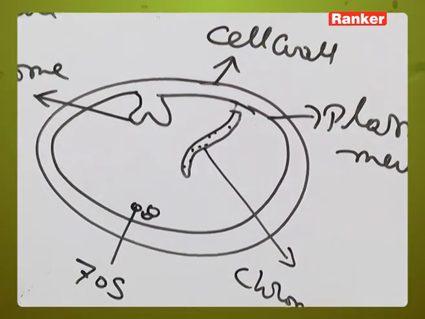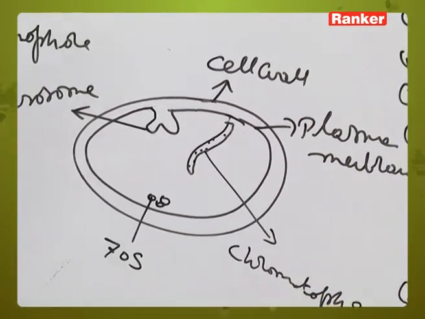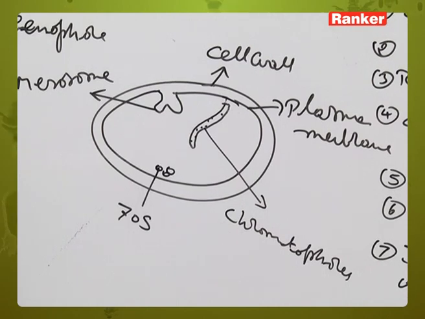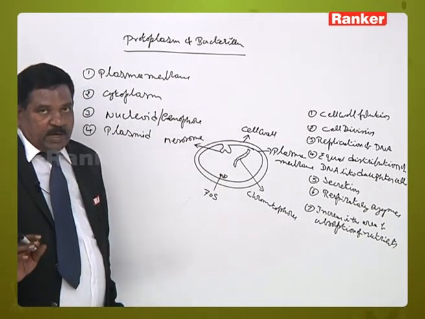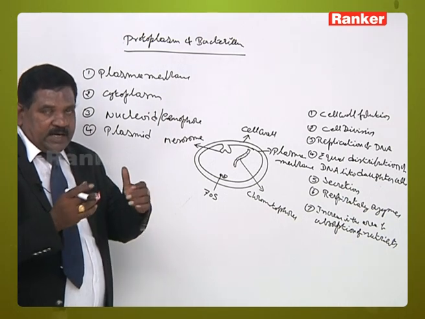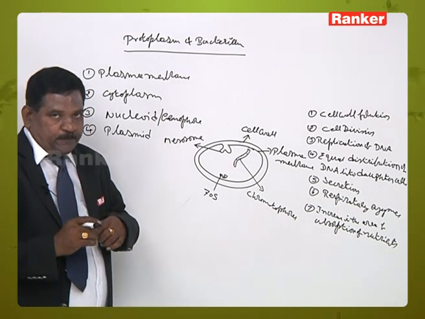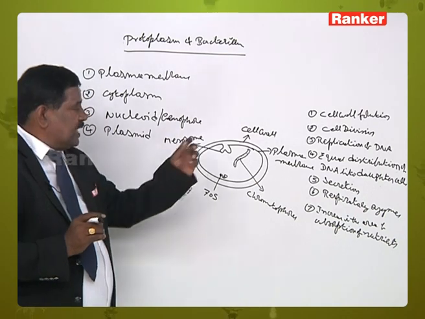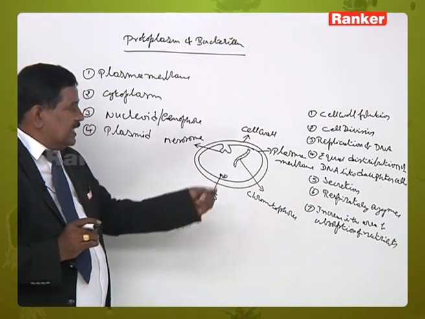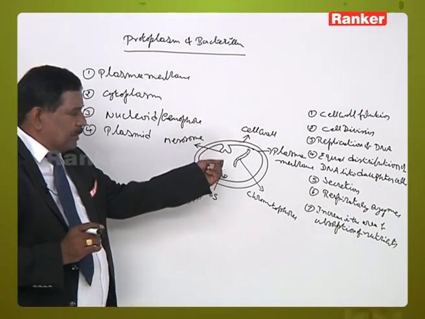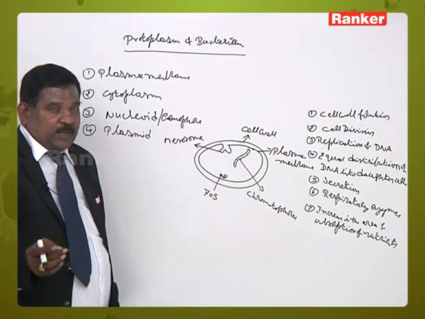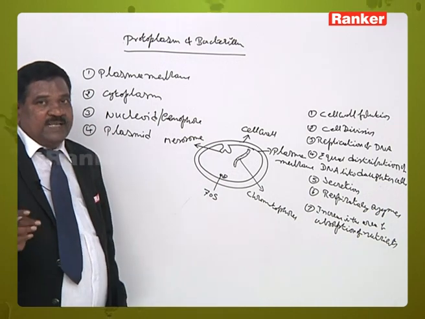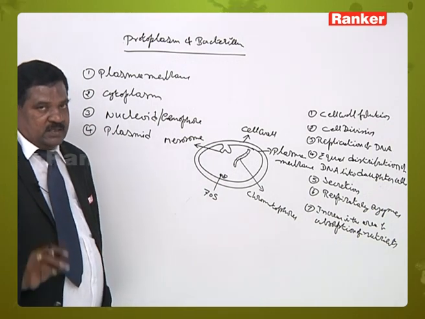Chromatophores are the only membranous structures in the cytoplasm with photosynthetic pigments. The plasma membrane invaginates, consists of the photosynthetic pigment, and is separated from the plasma membrane. That invaginated and separated membranous structure with photosynthetic pigments, called chromatophores, is involved in photosynthesis.